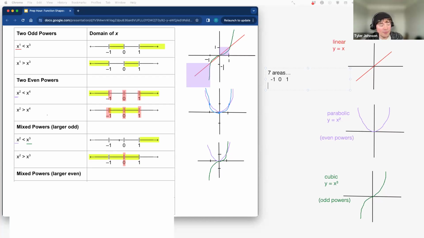And then there's 4 ranges. I've got my large negatives, my fractional negatives, my fractional positives, and my large positives. So when I'm number testing, or I'm just trying to figure out where these functions might overlap, those are the big 7 that I'm trying to visualize when determining the domain.